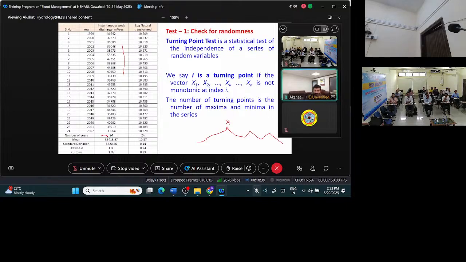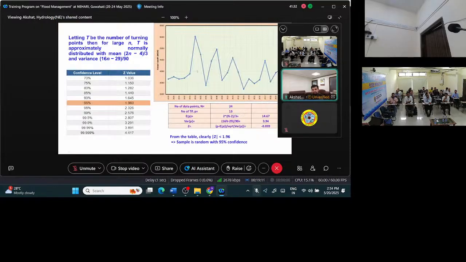This Xi is monotonic if the value previous to it and the value subsequent to it are in the same sequence. For example, if this is increasing and this is decreasing, then Xi will form a turning point. This can be a maxima or a minima also. I'll show you in the next slide what the turning points are here.